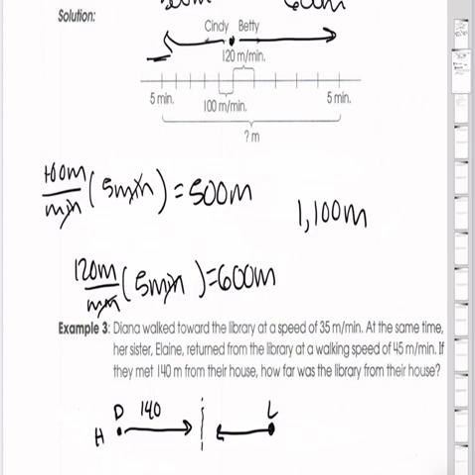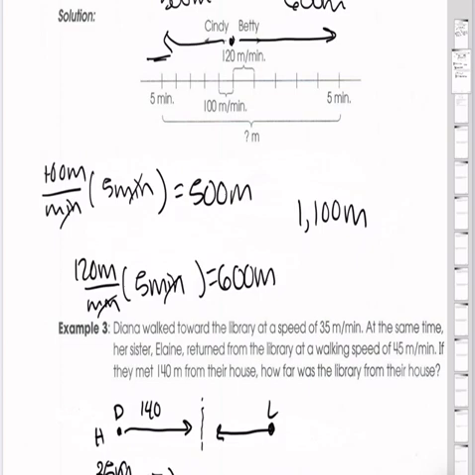Okay, now, what we do know is that Diane went 35 meters per minute, and we don't know how long she traveled, so we're just going to leave that as some time t. But we do know that she went a total of 140 meters. So we can figure out how long she was walking by dividing this, and then we end up getting 4 minutes.